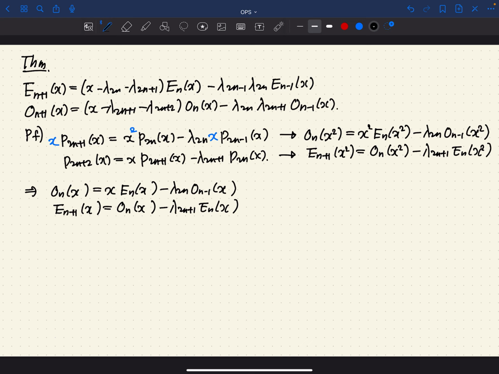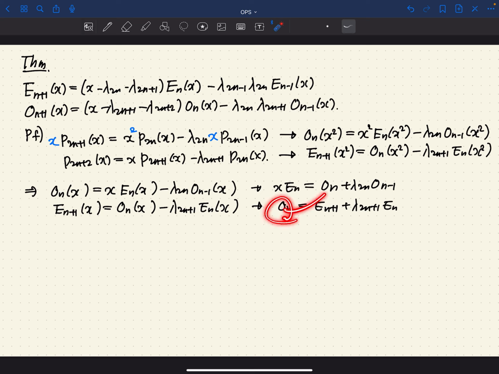For instance, from this we know that, let me omit the x there, On equals E n plus 1 plus lambda 2n plus 1 En, and from this I'm going to keep En of x equals On plus lambda 2n O n minus 1. So if you plug in this into this, then see what you can get.